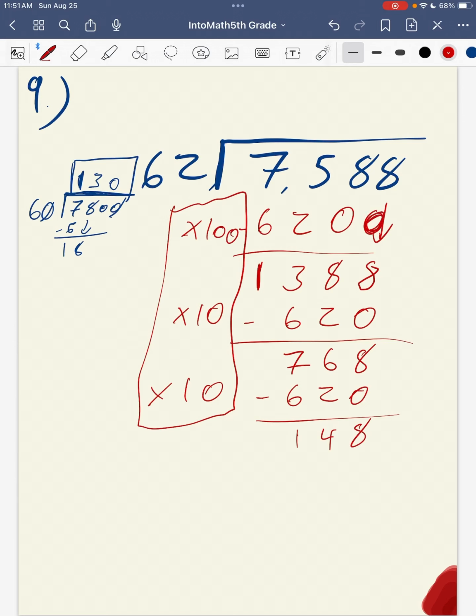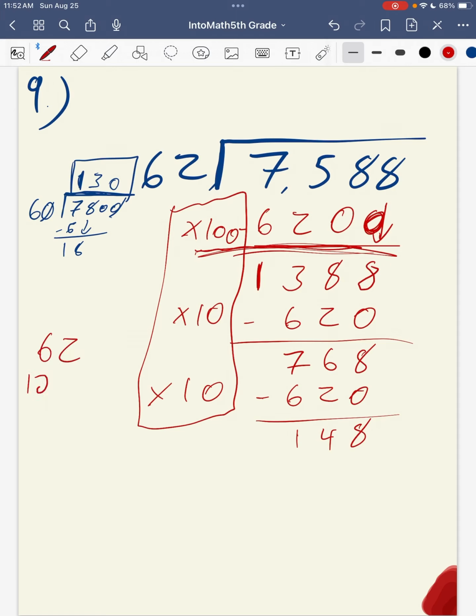This is a group of 100, as I should say, because it's a group of 100 minus 6,200. There's where we got off track. So this top one is where I made my mistake. I should have multiplied by 100 because I was subtracting 6,200. Then minus 10 for another 620, minus 10 for another 620, and I'm at 148.